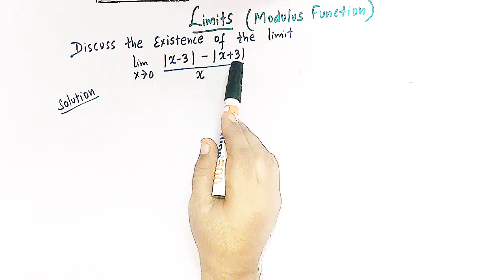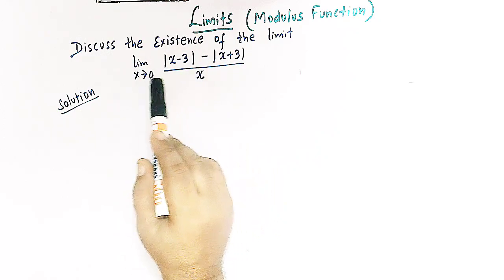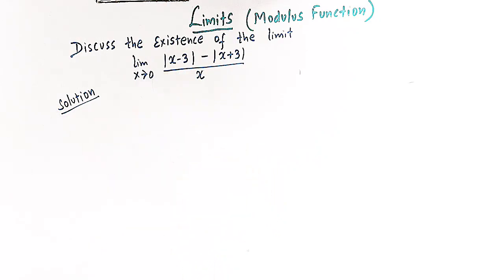So here in order to test the existence of this limit, we'll find the right hand limit and the left hand limit, and then we'll draw the conclusion, right? So let us first see the definition of mod function, and then we'll calculate separately the right hand limit and the left hand limit when x tends to 0.